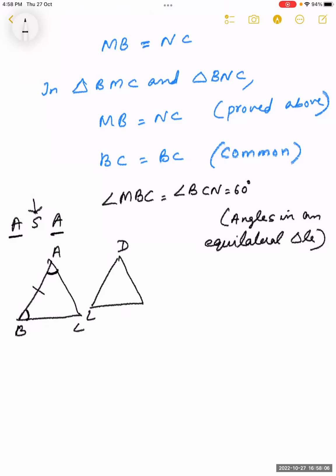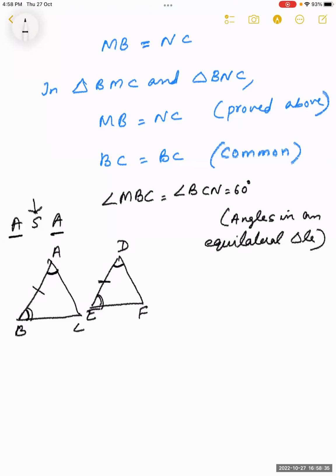For congruency, we should have two triangles. So when we talk about two triangles, two angles are equal and the included side is equal. Then we say based on ASA, they are congruent. Understood? This is ASA: two angles and the side included between them.